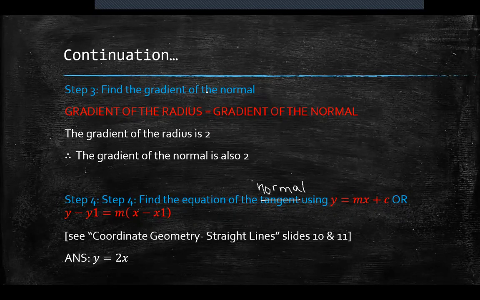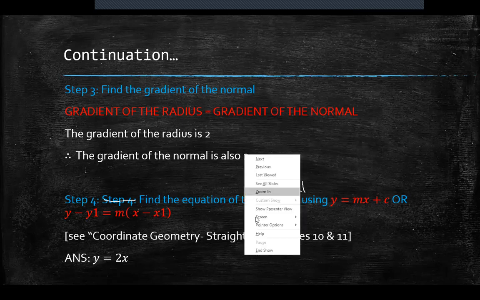So third step, find the gradient of the normal, and we know it's the same as the gradient of the radius, so it's 2. Step 4, find the equation of the normal using y is equal to mx plus c, or this one. Remember, if you need to review that, just look at this. Now let me show you how I got this answer.